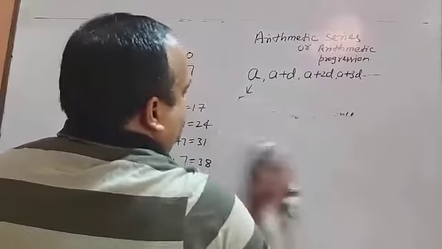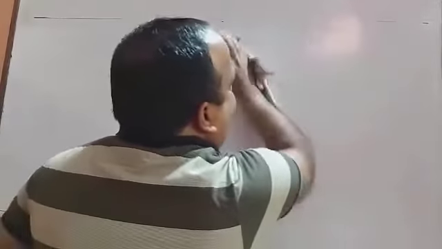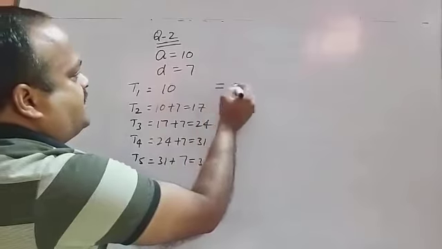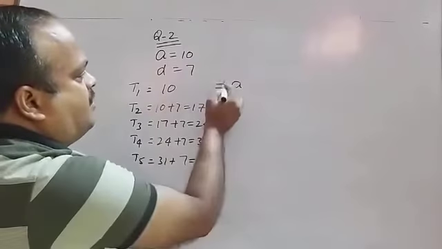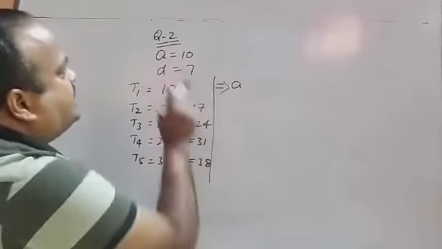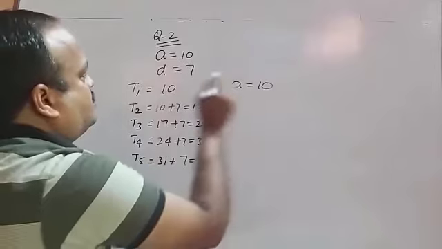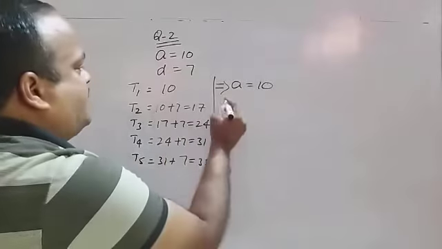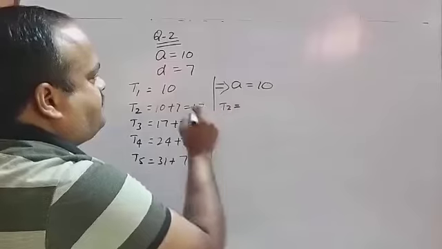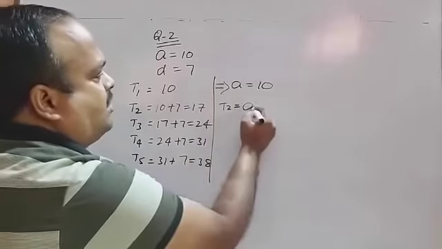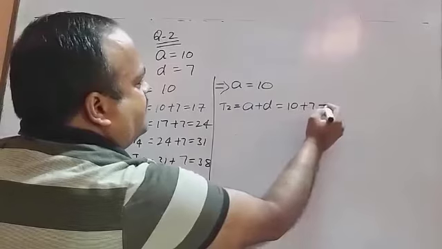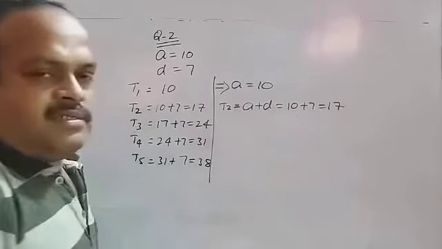This is the shortcut used by me. Or you can use the formula. Here I am using the formula. First term is a, the value of a is 10. So first term a is 10. Second term T2, a plus d. a is 10 plus 7, 17.